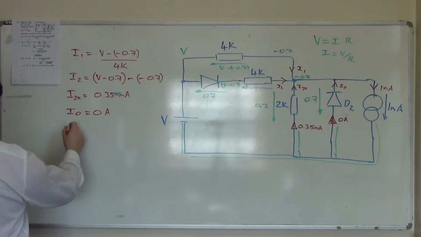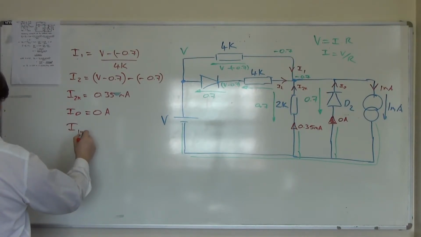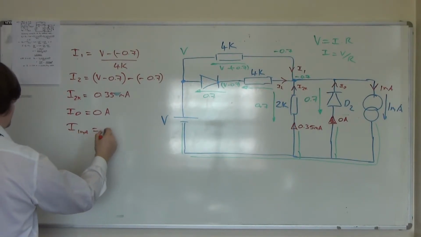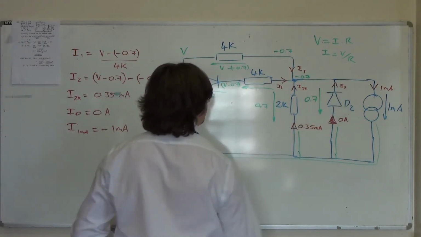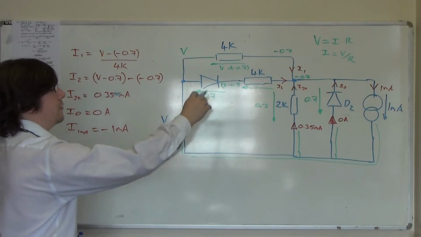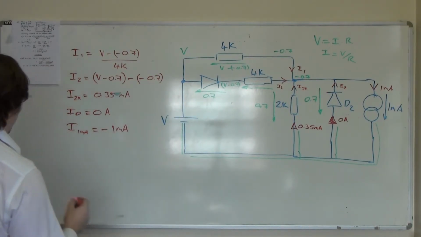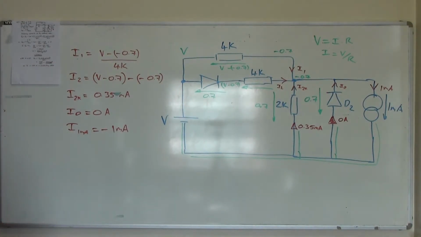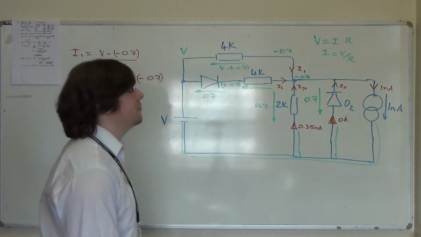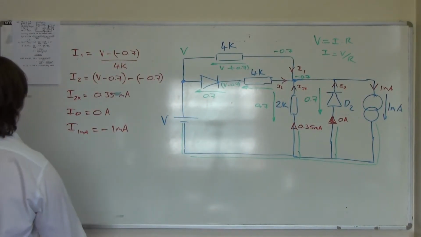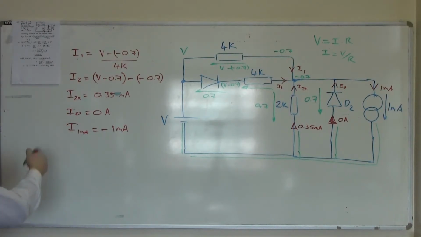So it's actually minus 1 milliamp because of the direction of the arrow. You can choose the direction of the arrows, and the algebra will sort it all out for you. So that's what we've got in terms of currents in and out of the node. All of the currents that enter and exit this node have to add up to 0. That's Kirchhoff's current law. So we've got I1 plus I2 plus I2K plus ID plus I1 milliamp equals 0.